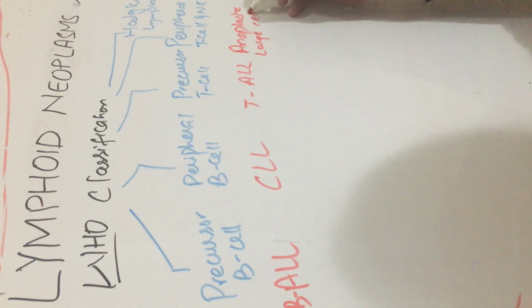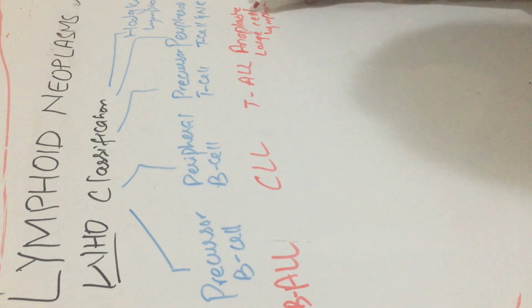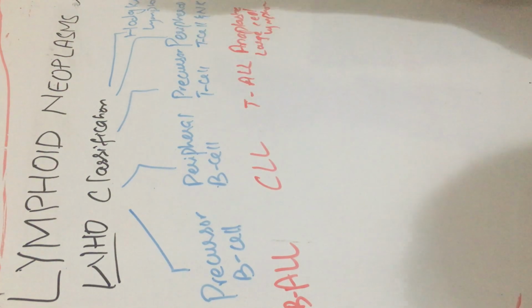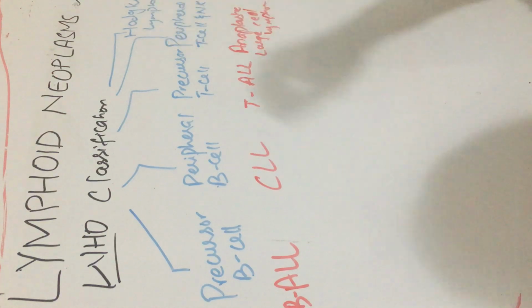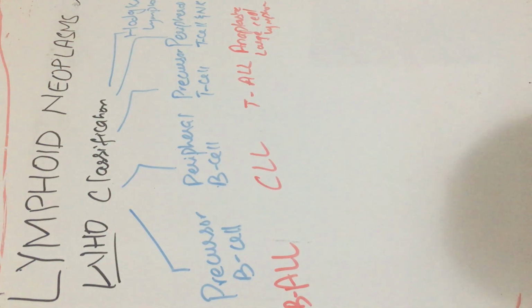This is one example; there are many other examples. And in the Hodgkin lymphoma, there are different classical and non-classical forms. In a separate lecture, we will discuss Hodgkin lymphomas in detail. This was all about the WHO classification of the lymphoid neoplasms.